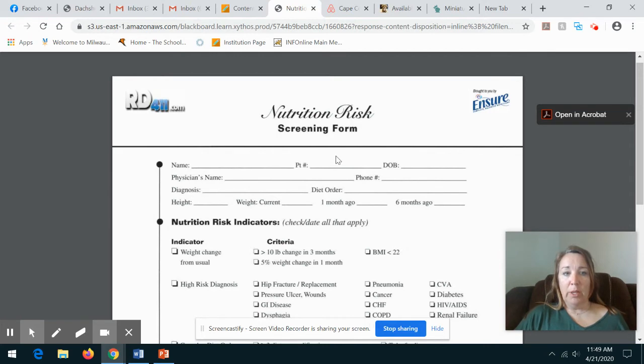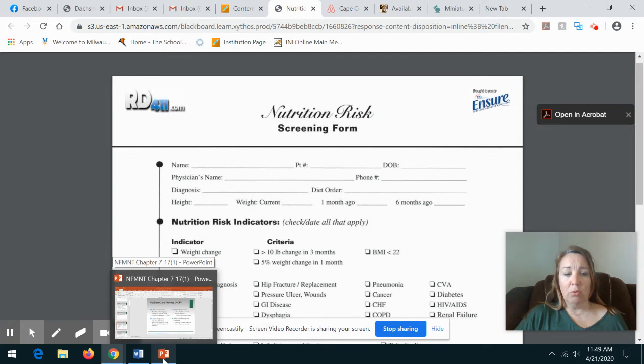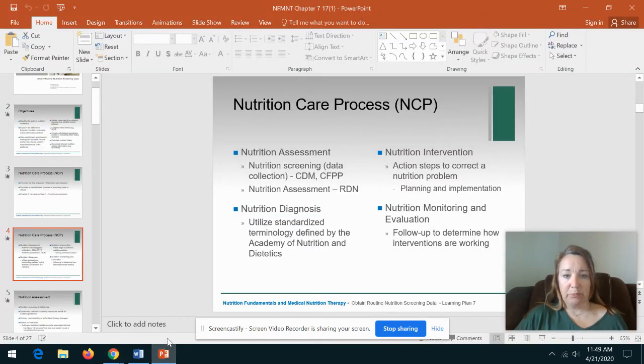But I just wanted to point out that you need to look at that because that's what a dietary manager or a dietetic technician will be using to determine then which clients need a complete nutrition assessment.